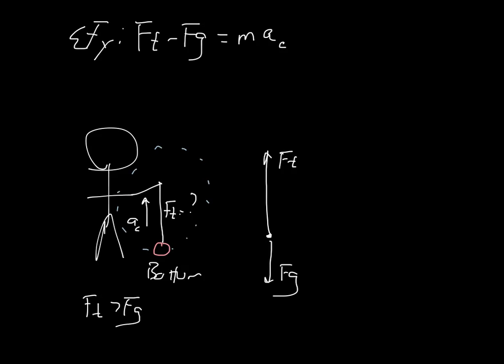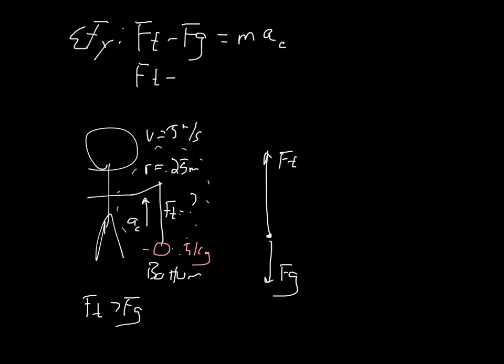And so I can say then F_T minus, let's say the yo-yo has a mass of 0.5 kilograms, let's say the circle has a radius of 0.25 meters, and it's traveling at a speed of 5 meters per second.